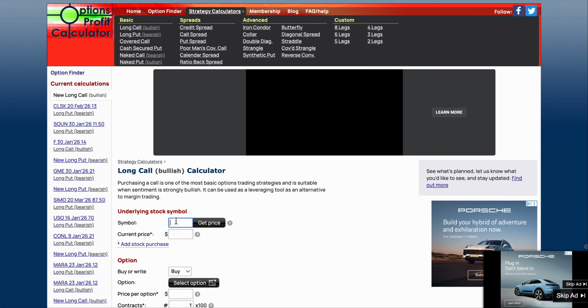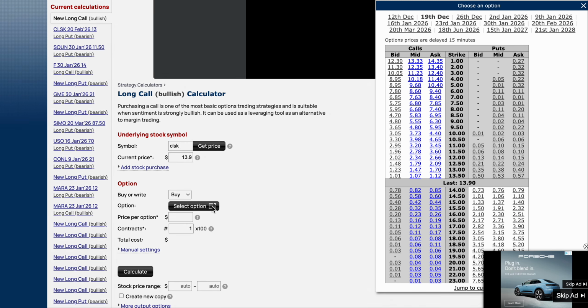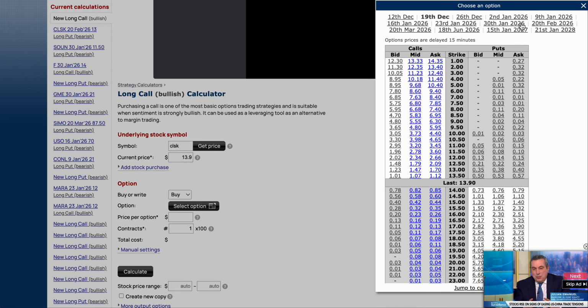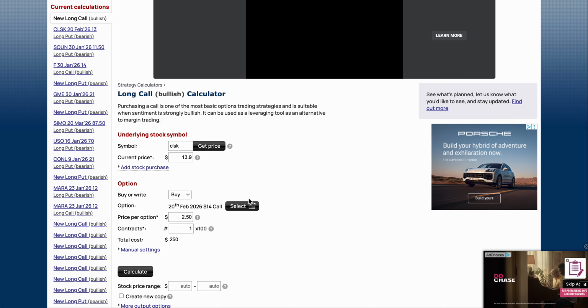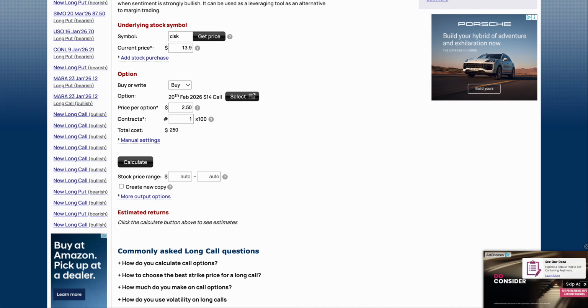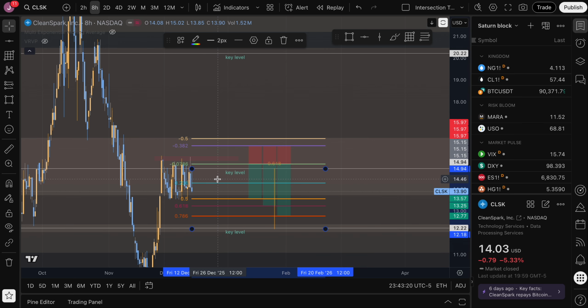Let's try a call. CLSK. If we were to go higher, meaning it starts turning around, weakens, gets here, bounces.